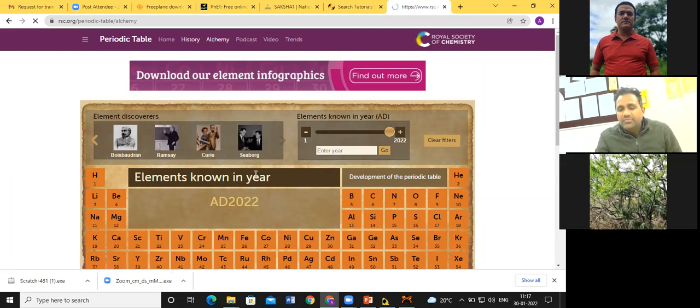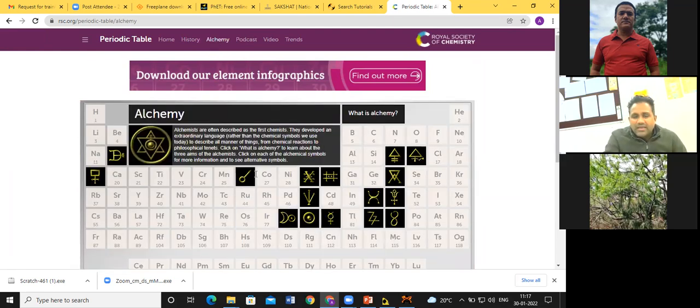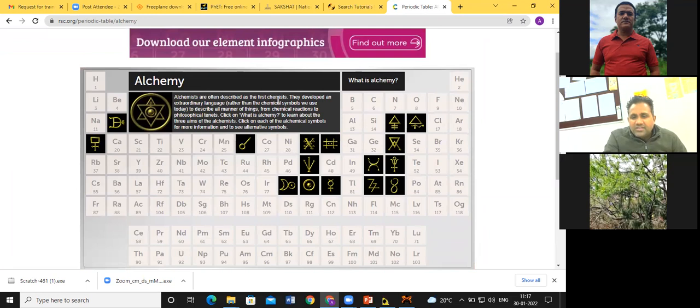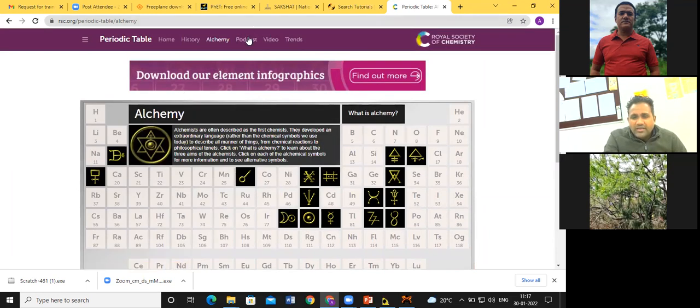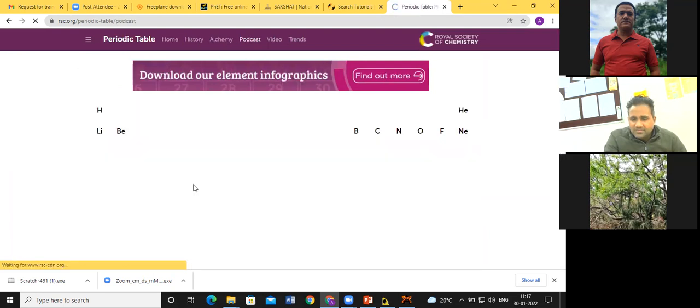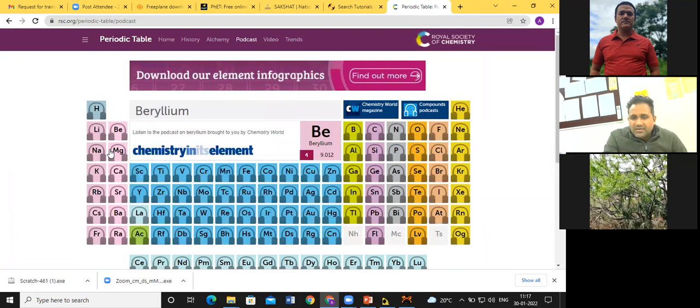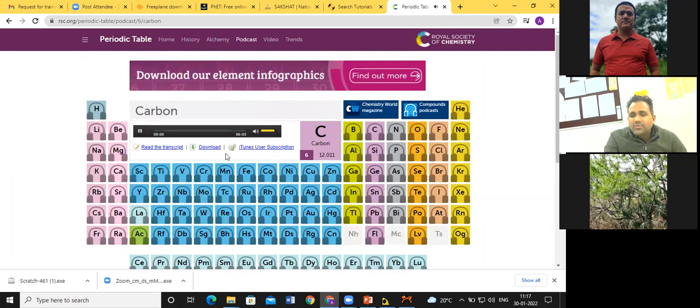It gives you the idea about alchemy, which is often described as the first chemistry, and like this. It gives various podcasts, like if you want to listen about carbon, you can listen about the carbon. Like this, you can get the podcast.